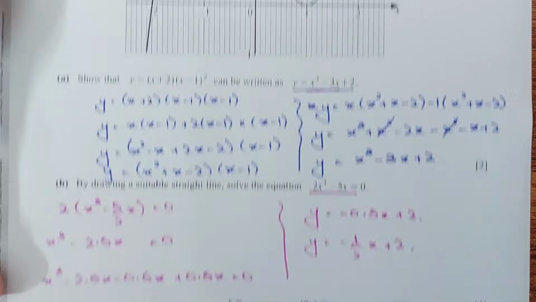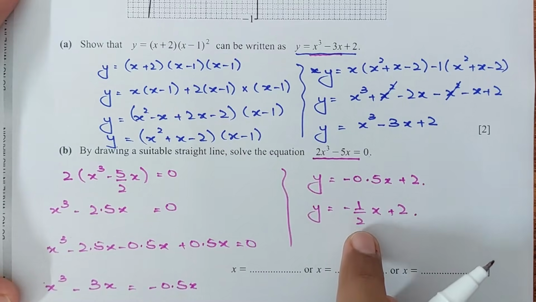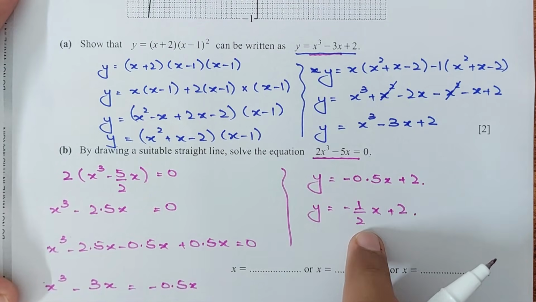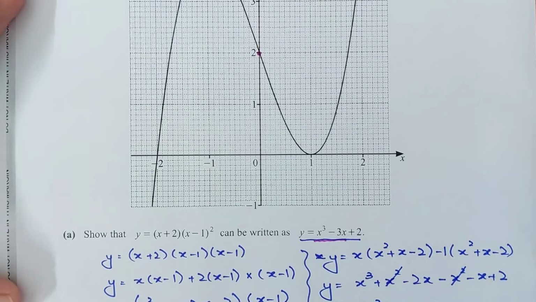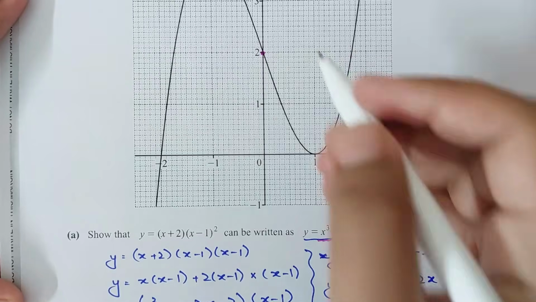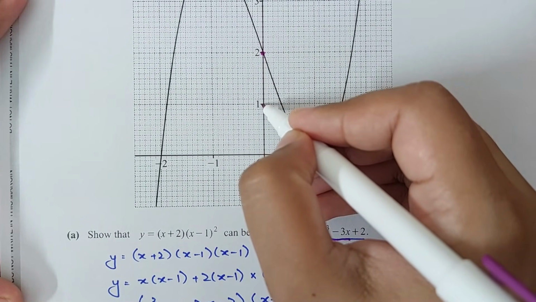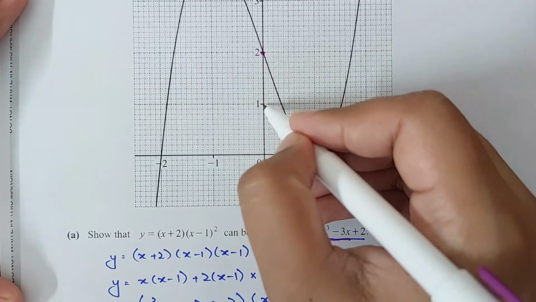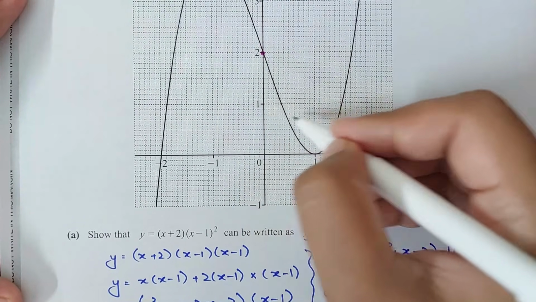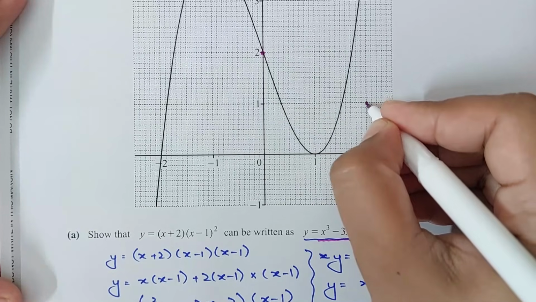The slope is minus 1 by 2. Rise and run: rise is minus 1 and the run is 2 units. Since the rise is negative, we have to move down 1 unit, and the run is 2 units, so 1 unit and 2 units over there.